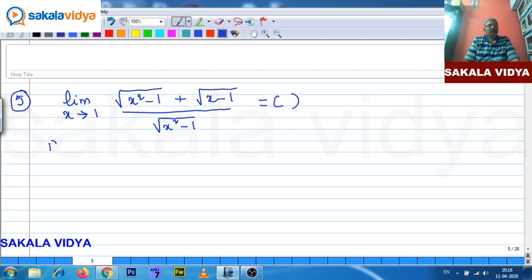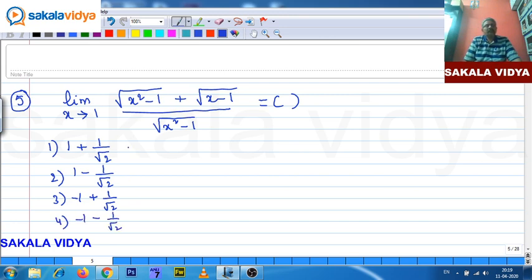So, now the first one is 1 plus 1 by root 2, second option 1 minus 1 by root 2, third option is minus 1 plus 1 by root 2, fourth option is minus 1 by root 2. This is the question.